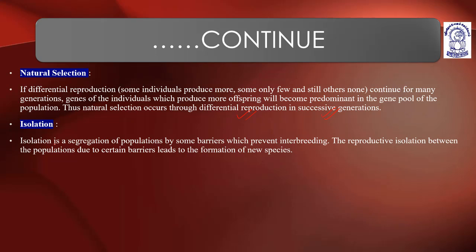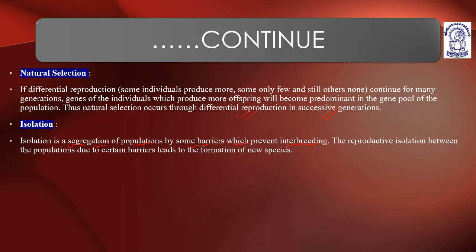Now, isolation. Isolation is a segregation, or the separation, of populations by some barriers. These barriers can be physical barriers, or they can be reproductive barriers which prevent interbreeding. So isolation can be of physical type, meaning physical barriers.